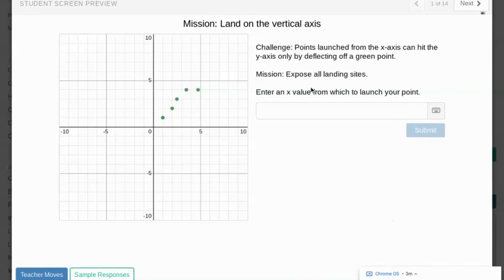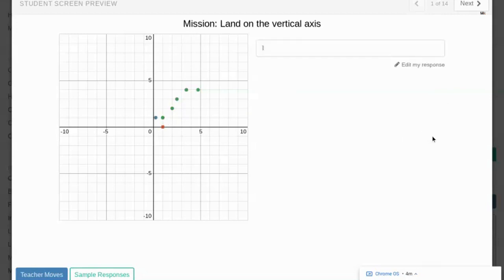So our challenge: points launched from the x-axis can hit the y-axis only by deflecting off a green point. Mission: to expose all the landing sites. So if we are going to go off our x-axis, it'll hit green and then go over here. So this number is 1. So I'm going to enter an x value of 1. Let's try it out.